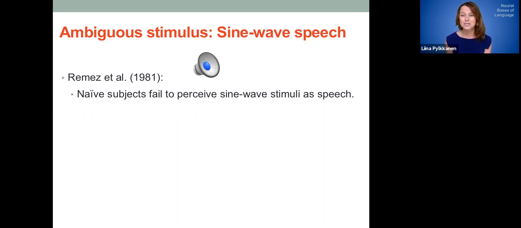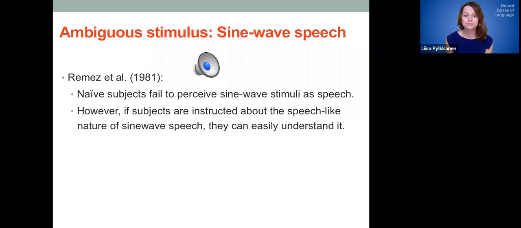And these subjects did not think that they were hearing speech. However, if the experimental subjects were told that, okay, here's a weird kind of speech, they all of a sudden were actually able to understand what it was saying.